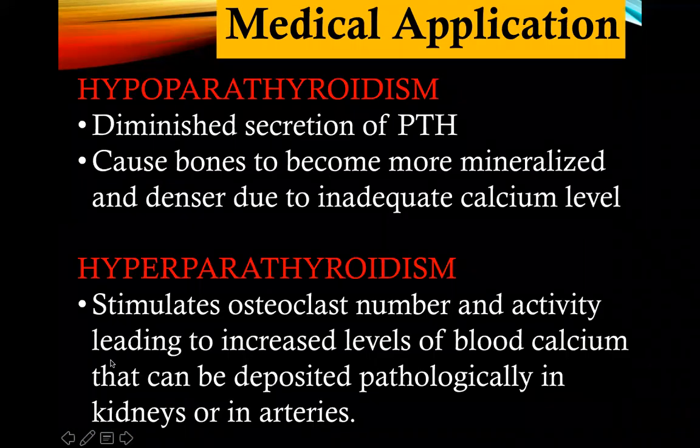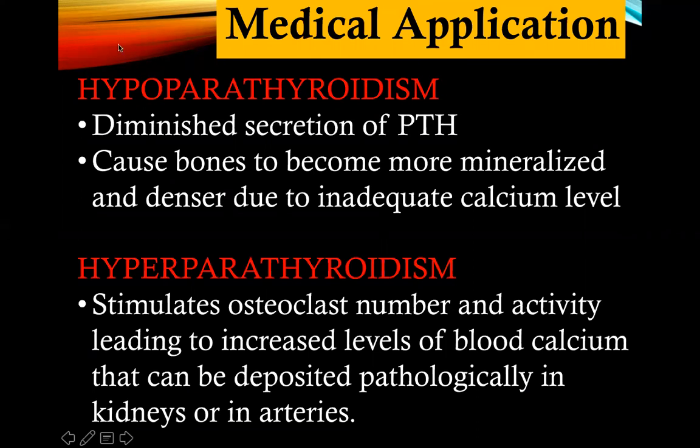Okay, let's apply this in medicine. Hypoparathyroidism and hyperparathyroidism. Now, if you know the secretion of this parathyroid hormone of the parathyroid gland, you will not be confused with the terms hypo and hyperparathyroidism. Again, as a review, your parathyroid gland secretes parathyroid hormone.